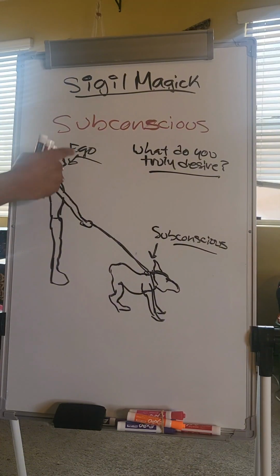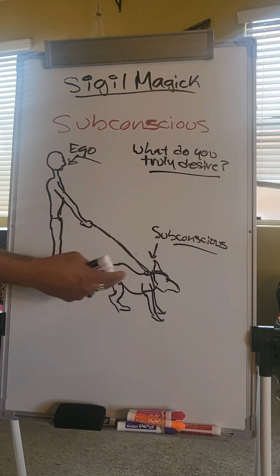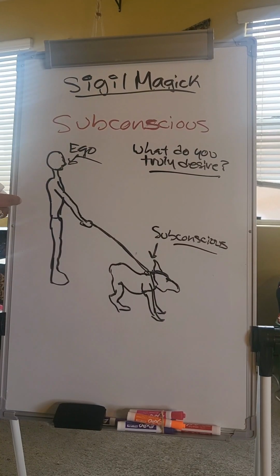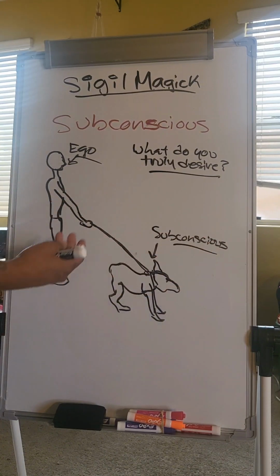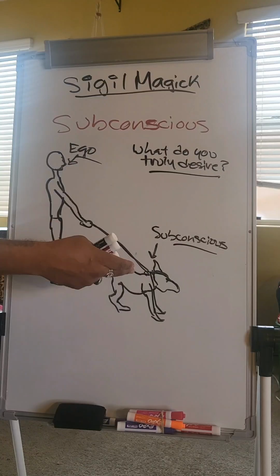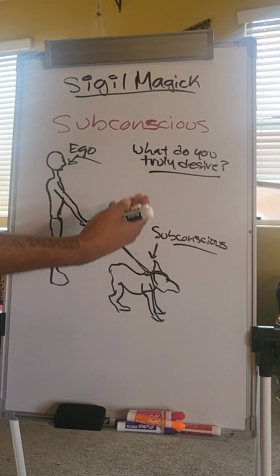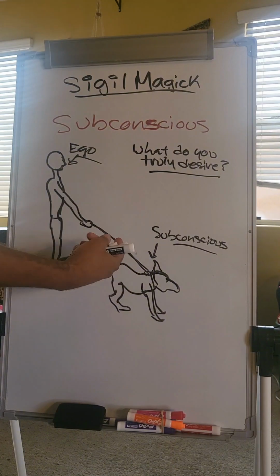Okay? Your ego might be saying, I want to be a millionaire, but your subconscious mind is like, well, you don't even really want that much money in your life. You just want enough money to be good with your lifestyle or to be comfortable. So you probably won't manifest being a millionaire, because that's not really what your subconscious mind desires.